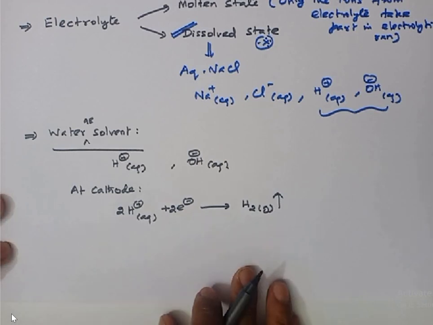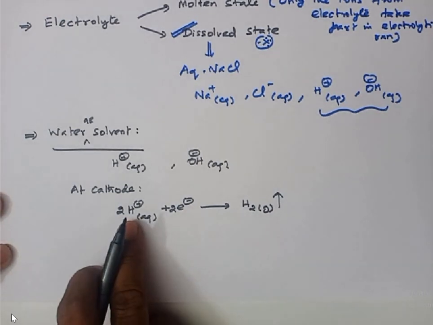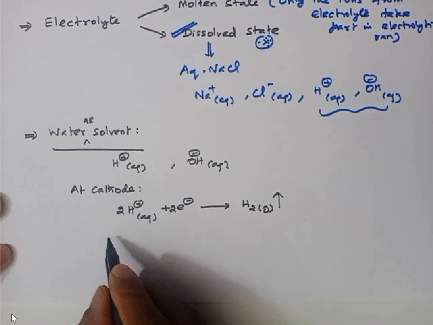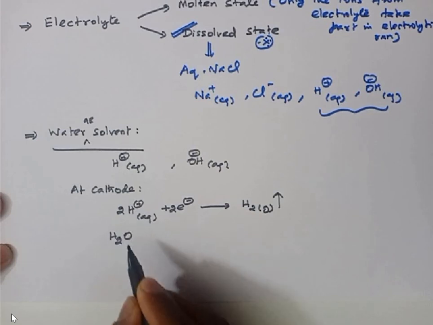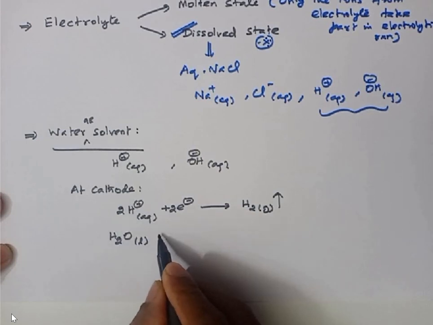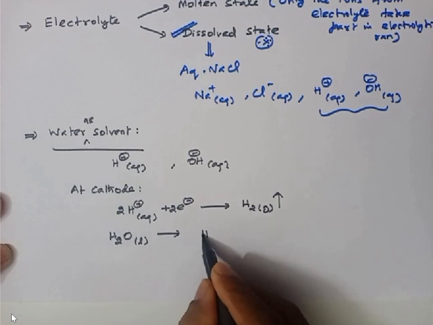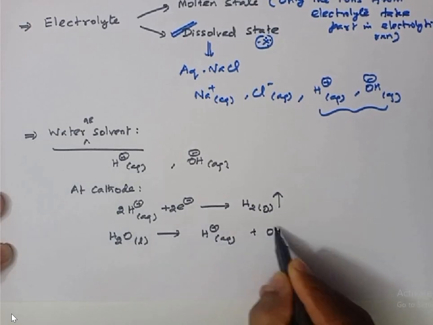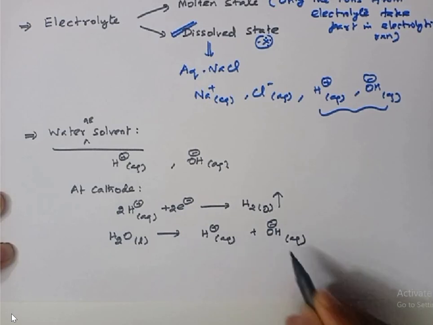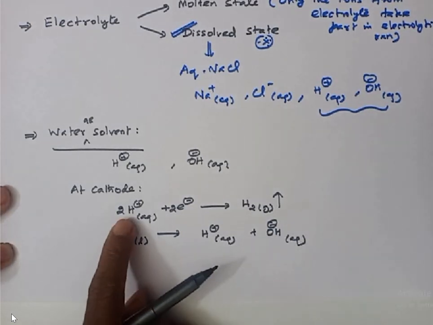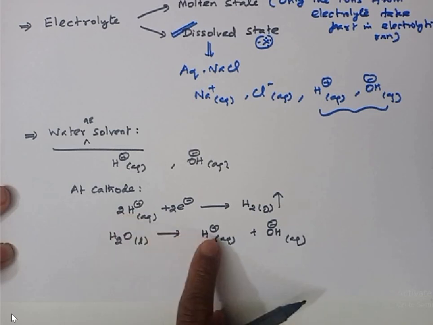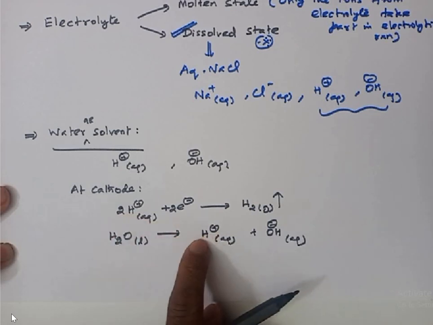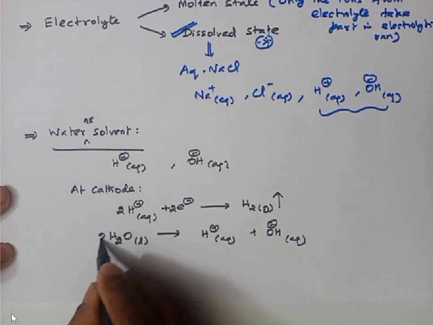Then actually this H plus comes from water, therefore I am going to consider the ionization of water here. So H2O liquid ionizes to give H plus ion in aqueous medium and OH minus ion in aqueous medium. Here we require 2H plus, so to get 2H plus, I'm going to multiply the reaction throughout by 2.